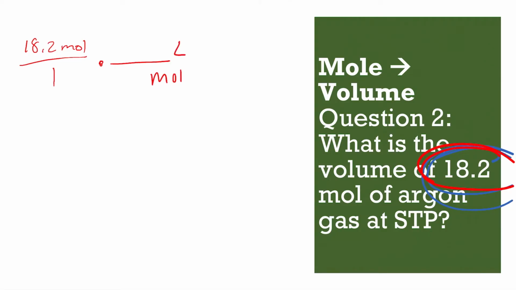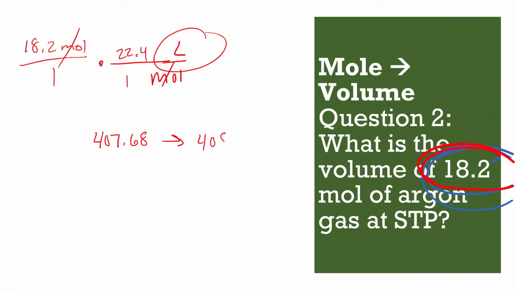We are looking for liters, and we know that 1 mole is 22.4 liters. Moles cancel out, we're left with liters, and we get 18.2 times 22.4, which gives us 407.68. We're going to round to 408 liters. And that is it.